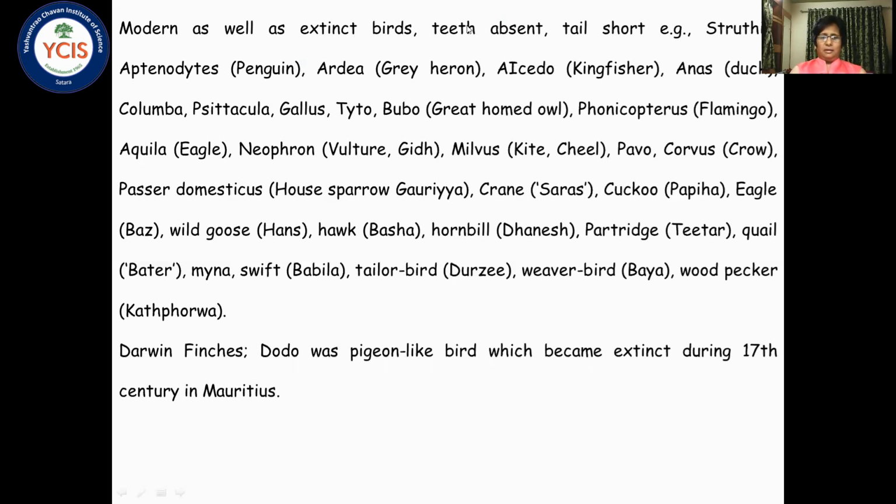And that bird was a pigeon-like bird, and that became extinct during the 17th century in Mauritius.